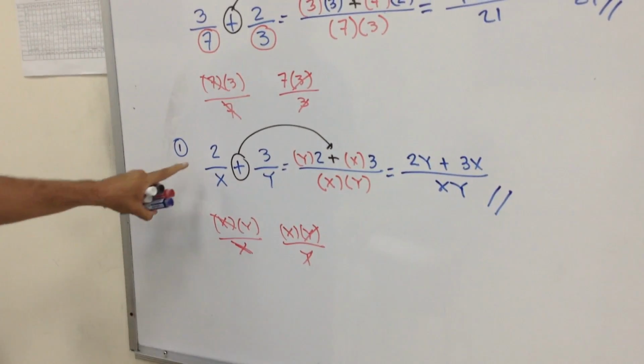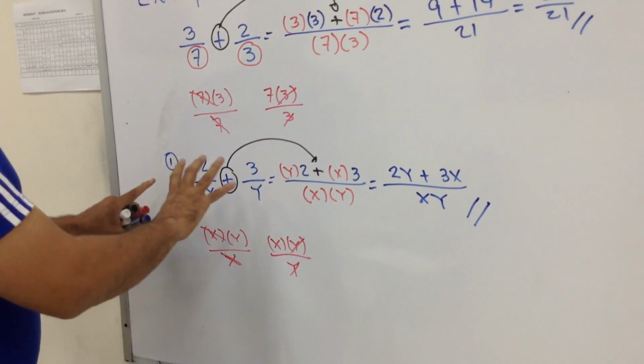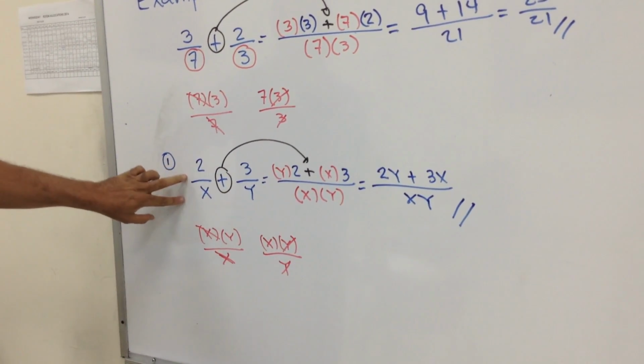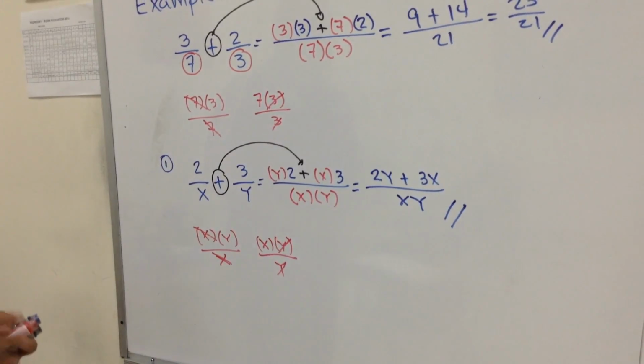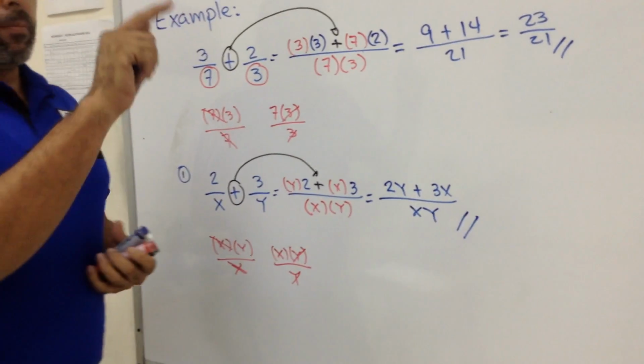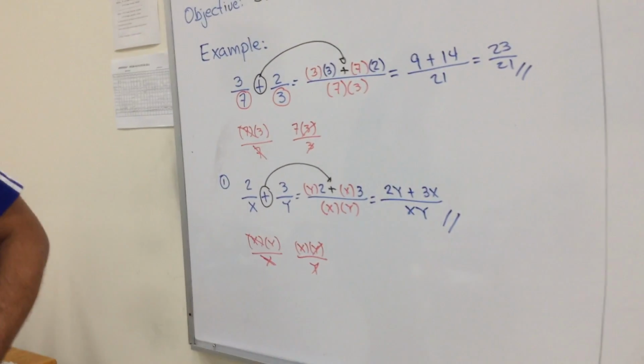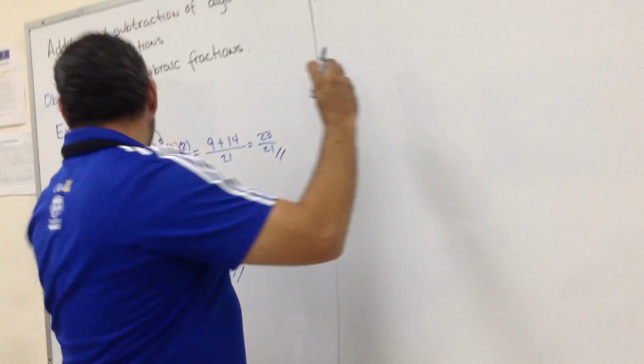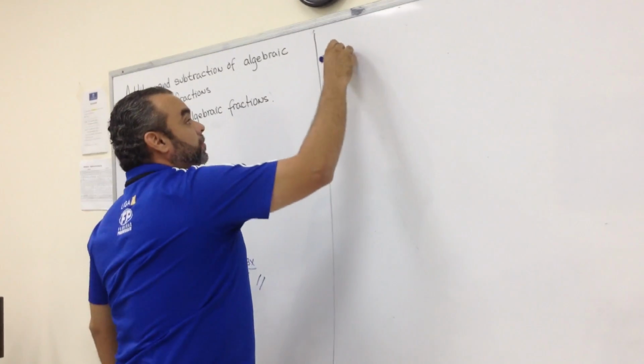Now, this is when we're going to work with a simple algebraical expression or algebraical fractions. Now, when we're going to work with a little bit more difficult fraction, is if I have something like this.